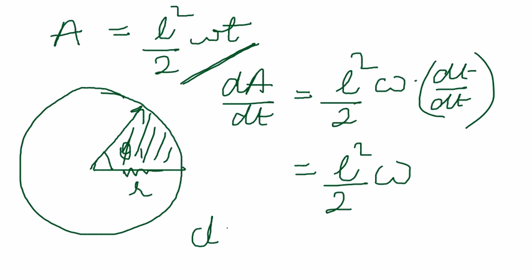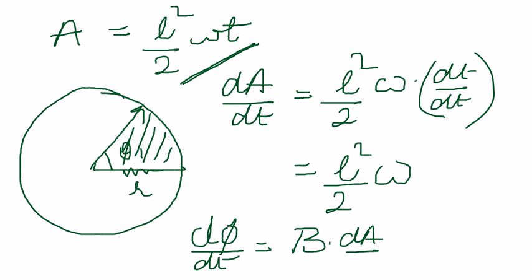So d phi dt is equal to B into dA dt, which is equal to B into L square by 2 omega. So now we put the values of these.